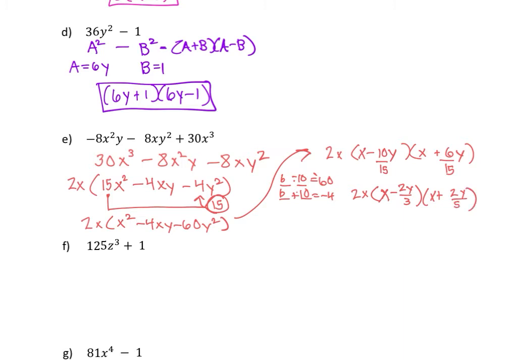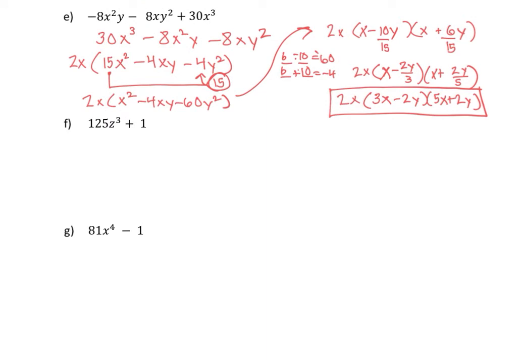And then bring any of the denominators back up in front, because we brought it to the back, we're going to bring it back where it belongs. 3x minus 2y, 5x plus 2y. And there we go.